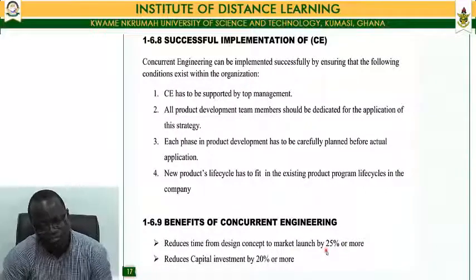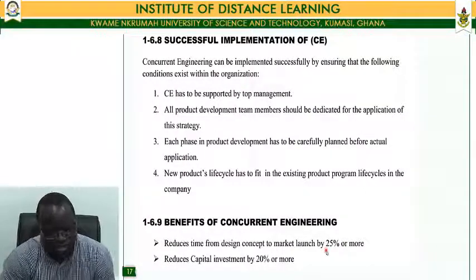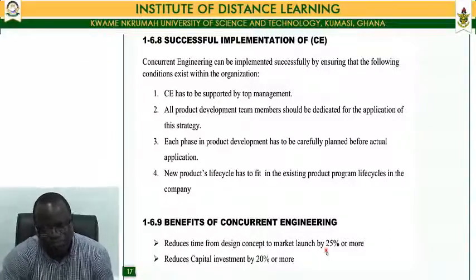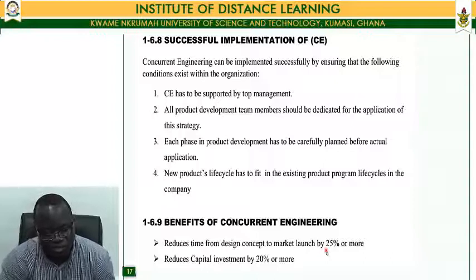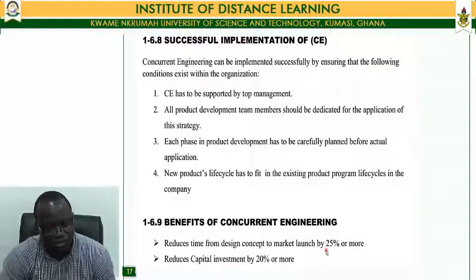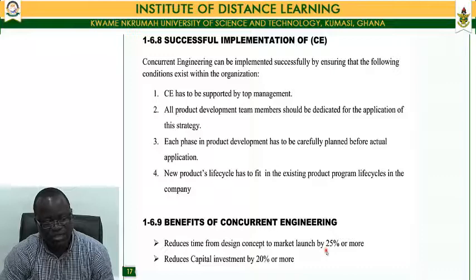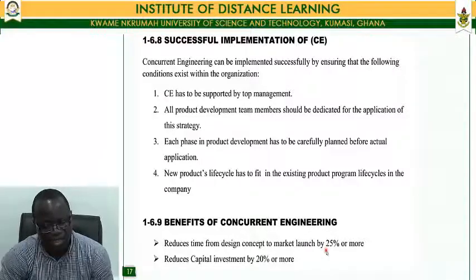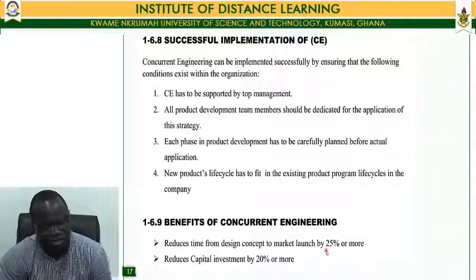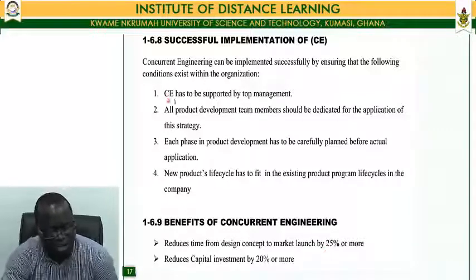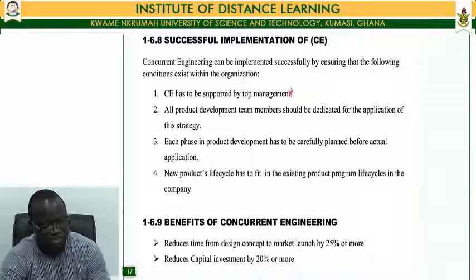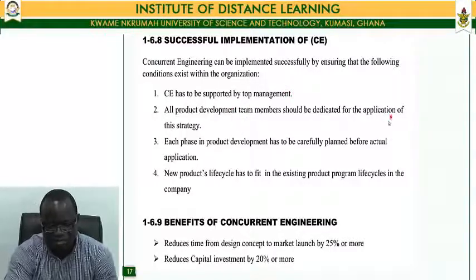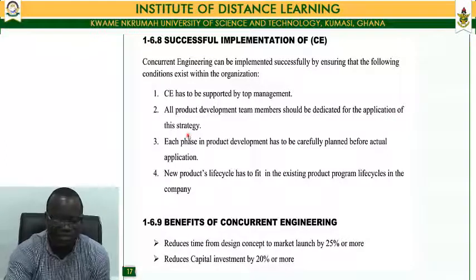So when it comes to concurrent engineering, if you really want to successfully implement it in your company or your factory, then these four things have to exist within the organization. First, concurrent engineering has to be supported by top management. The product team members have to be dedicated to the application of this strategy.